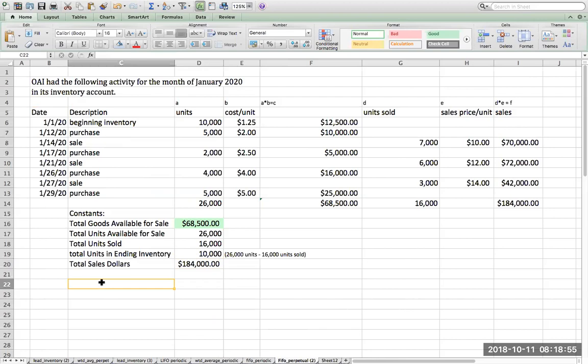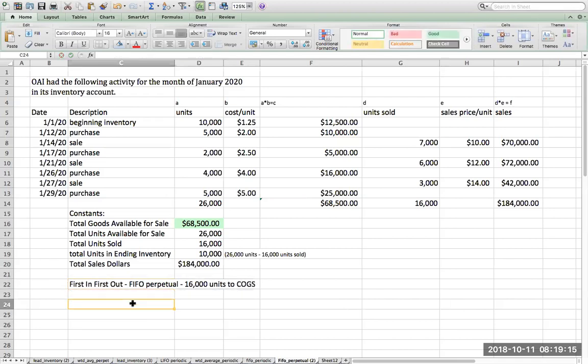So under FIFO perpetual, or first in, first out, we're going to take 16,000 units to cost of goods sold.